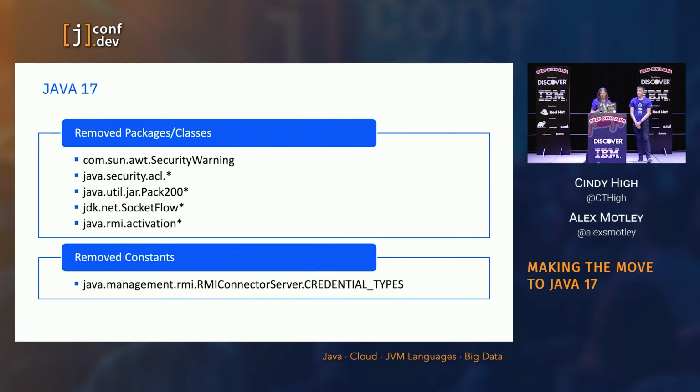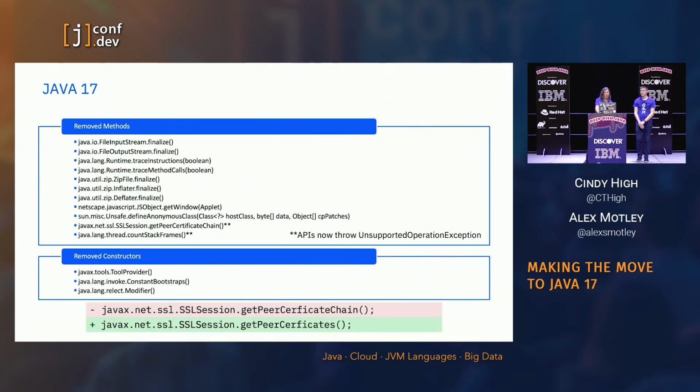Again, more packages, and some were 11, some were 17, but a lot of things are getting removed, and in particular methods and so forth. And we're seeing more and more of the APIs, marked with a little star, now throw unsupported operation exceptions.